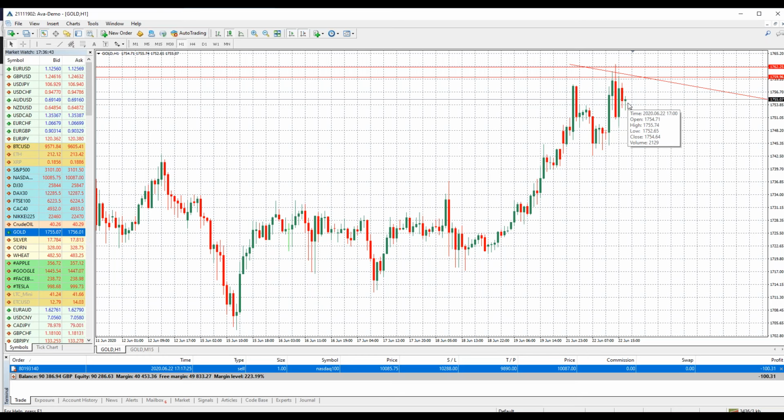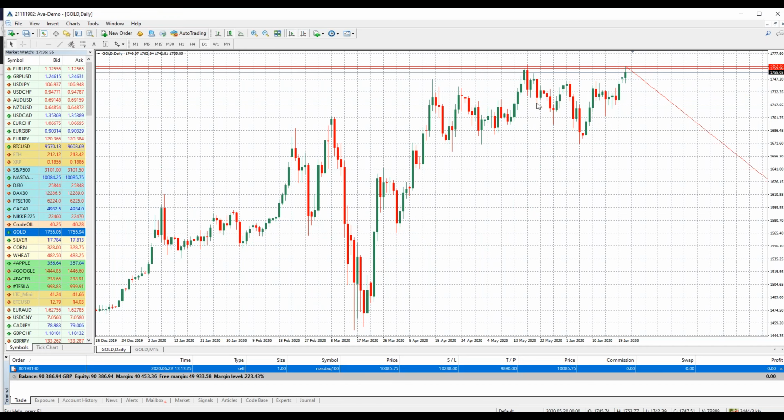Gail, good question. The question is this, and it may help others out too. Who determines support and resistance levels? And my answer would be the market. Something in the market made it so that gold did not break past this level. Maybe it was economic stimulus that made people say, okay, I don't need to keep buying gold.